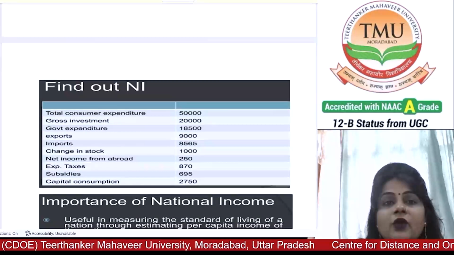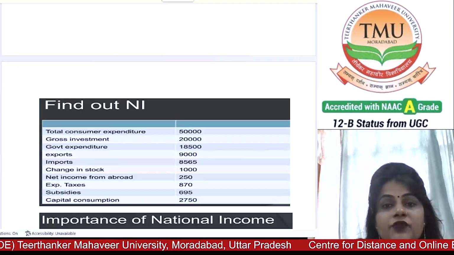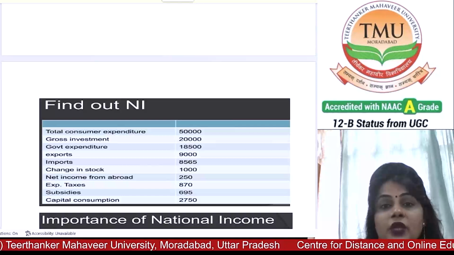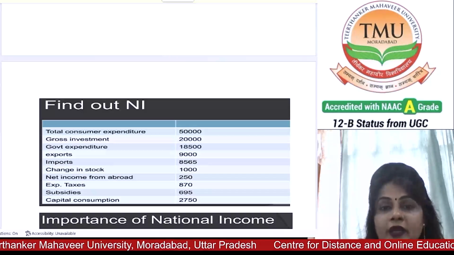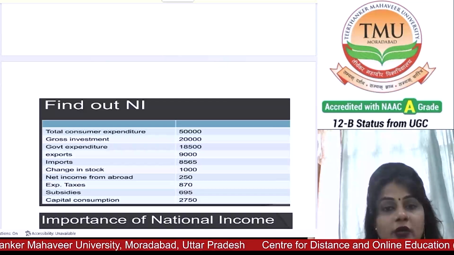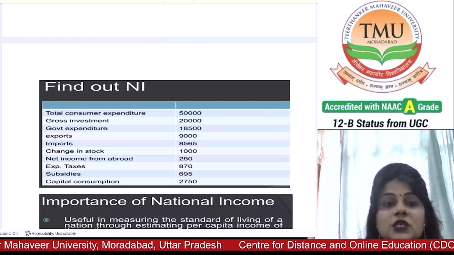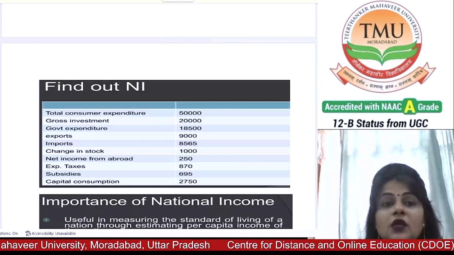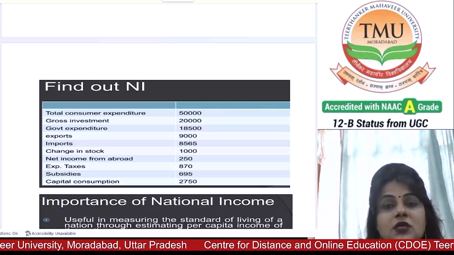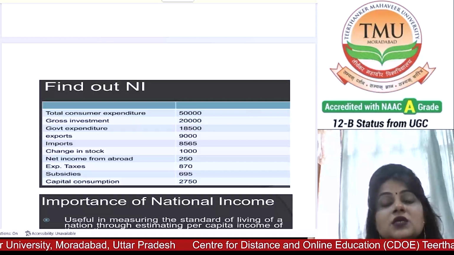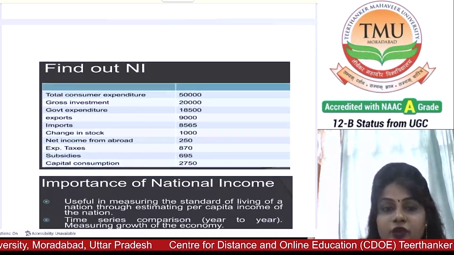You can find out from: total consumer expenditure 50,000, gross investment 20,000, government expenditure 18,500, export 9,000, import 8,565, change in stock 1,000, net income from abroad 250, expenditure taxes 870, subsidies 695, and capital consumption 2,750.